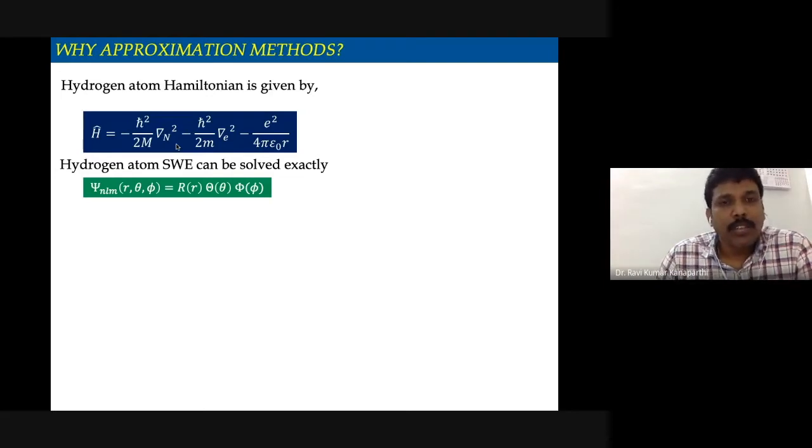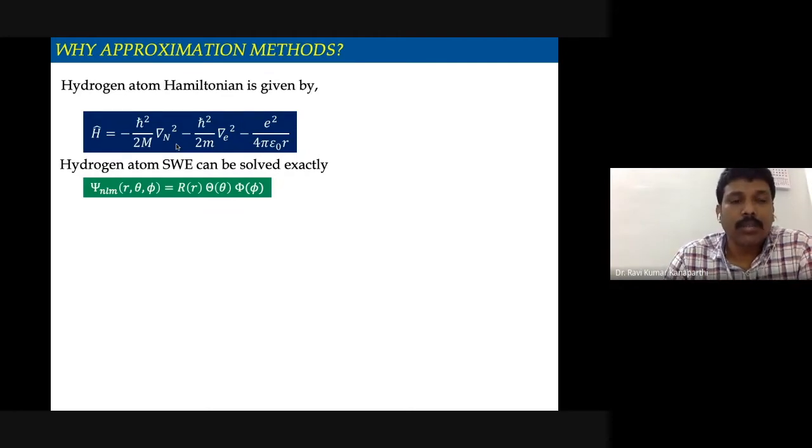This particular problem we have tried to address and solved in a different way. After converting this Hamiltonian into translational and relative coordinates, we got a Hamiltonian that we have written in polar coordinates, and finally we solved the hydrogen atom Schrodinger equation.